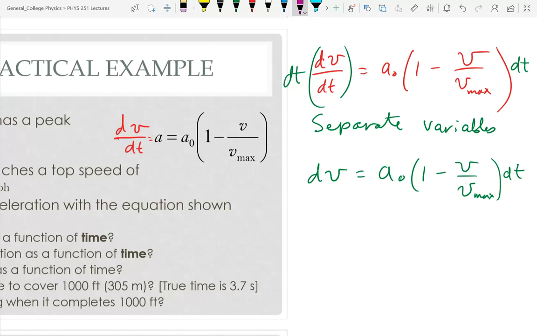The reason is that the thing in parentheses is multiplied by the dt. If I were to expand and subtract across, I would be subtracting a dt back over to the v side. So expanding is not going to help. Instead, just divide by everything in the parentheses that has the v.